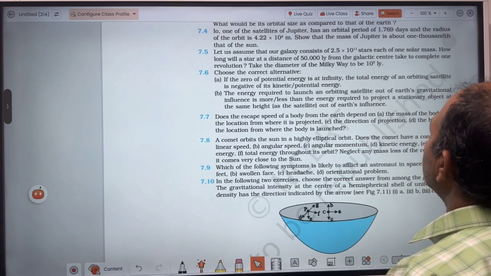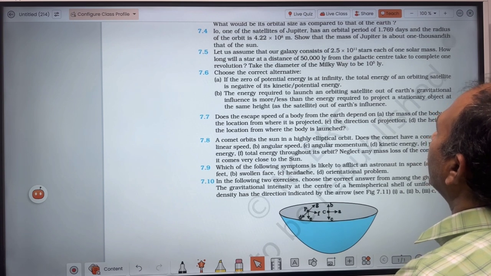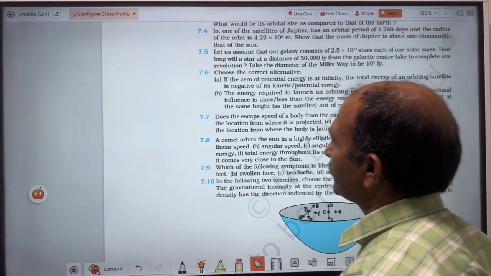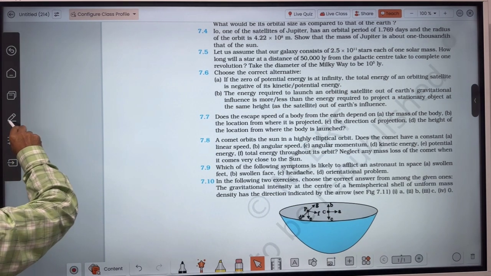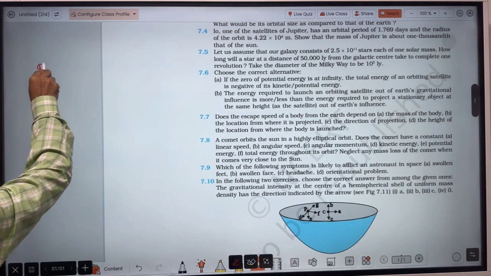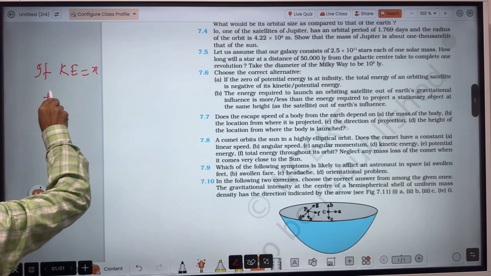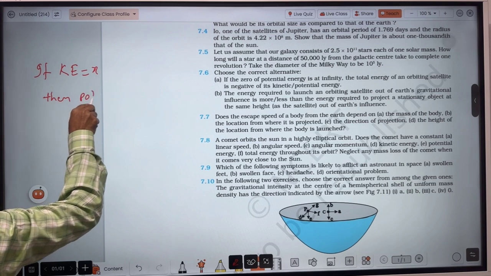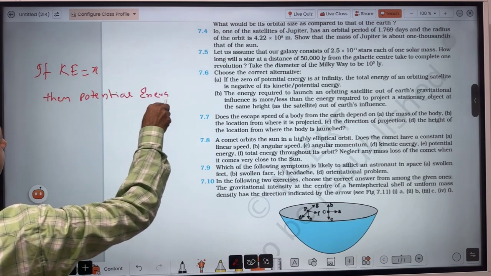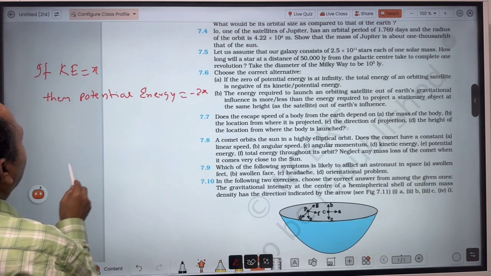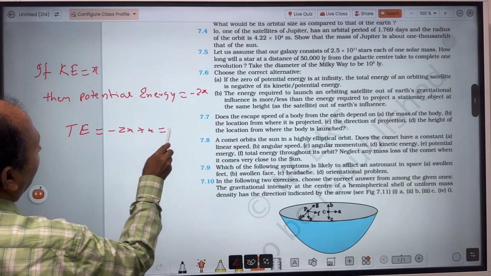If the zero of potential energy is at infinity, the total energy of an orbiting satellite is negative of its kinetic energy, potential energy. So we have already studied that if kinetic energy is x, then potential energy will be minus 2x and total energy will be minus 2x plus x, that is minus x.